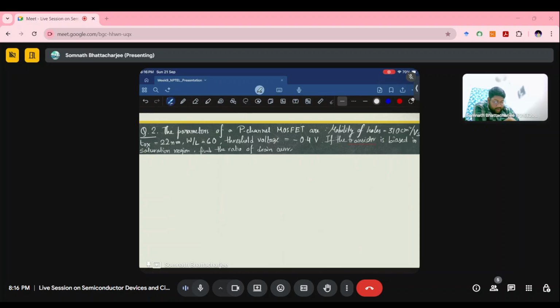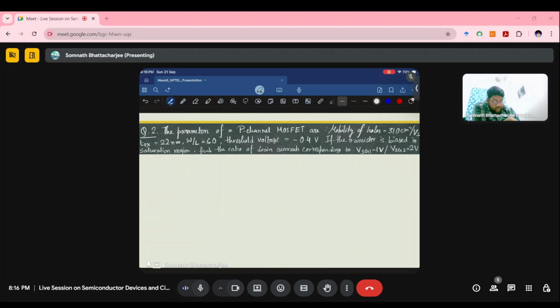It is an exact similar problem to the previous one, corresponding to VSG1, which is 1 volt, and VSG2 as 2 volts. So we have the values of VSG1 and VSG2.